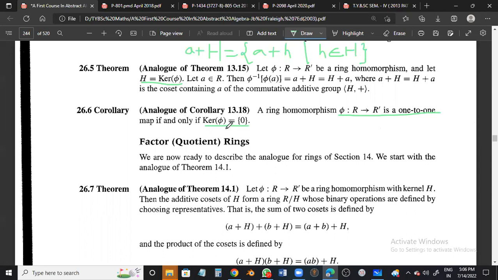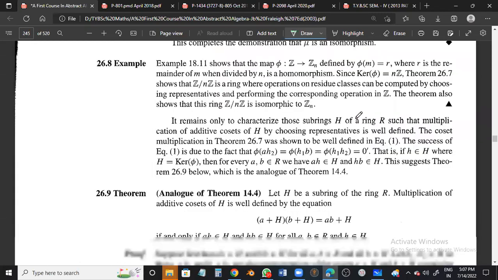You go with kernel, show that kernel is singleton 0. This will automatically mean that the ring homomorphism is 1 to 1. Followed me? Okay, if not, I will help you.